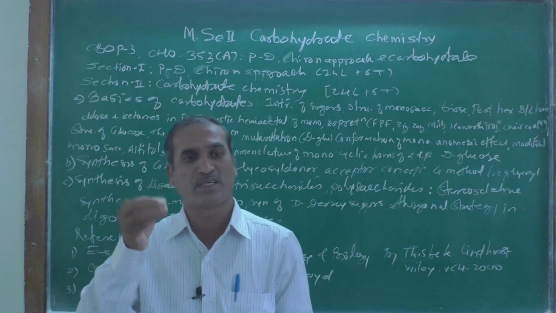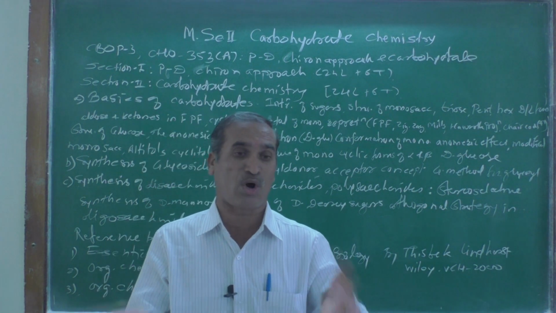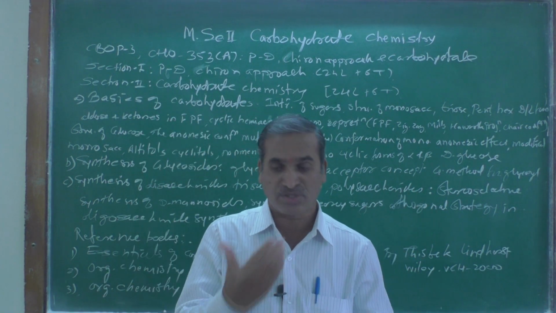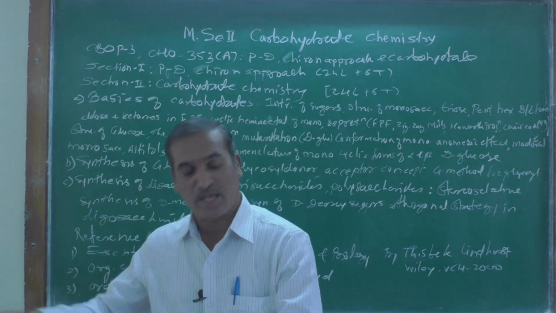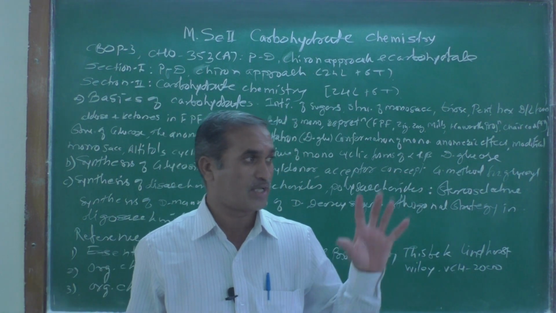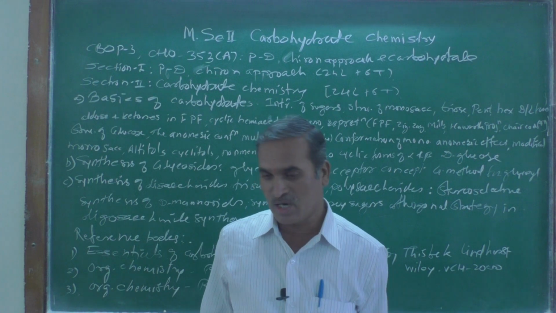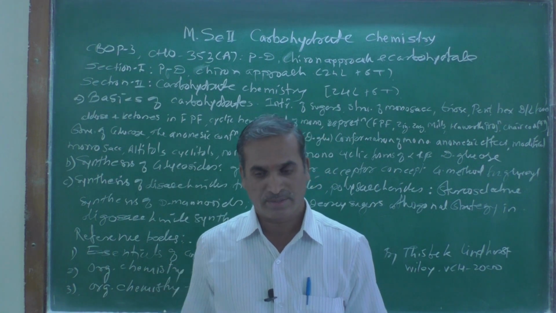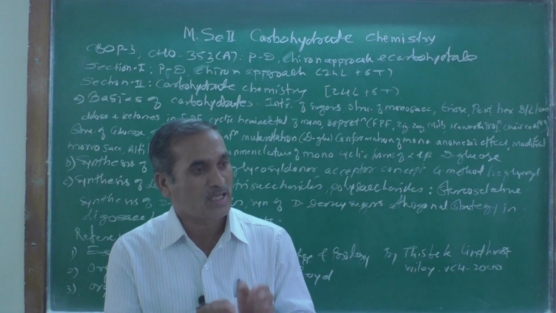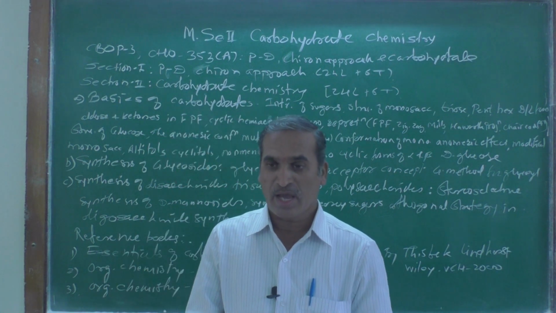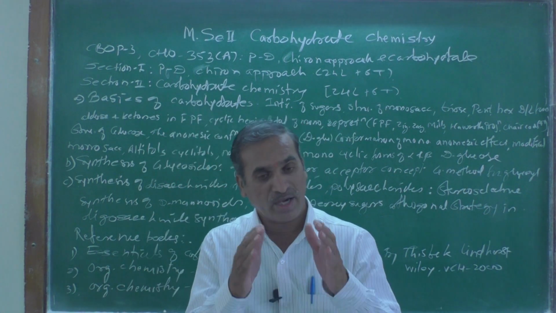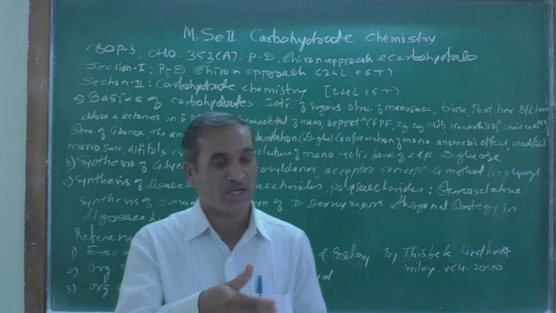And how is glyceraldehyde obtained, how is it generated, what are the names of that carbohydrate, glyceraldehyde? Why is it called a reference compound, and why is it assigned a D configuration?